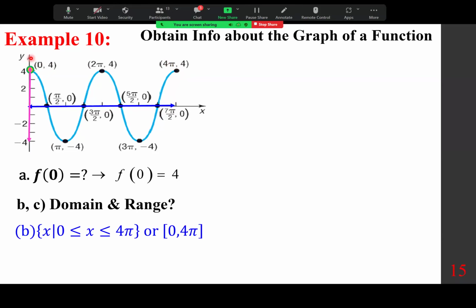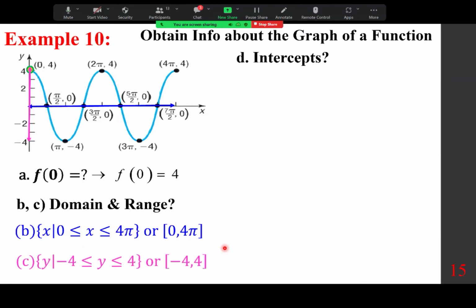The range is from -4 to +4. I'm showing both ways. Sometimes they put it in this format so the reader can see whether we are referring to x or y. So they write x such that x is between 0 and 4 pi, endpoints included, or bracket 0, comma 4 pi, close bracket. For y between -4 and 4, endpoints included, bracket -4, comma 4, close bracket.